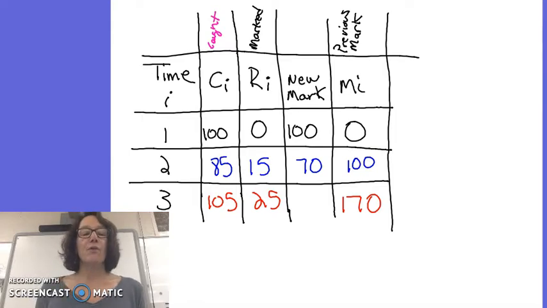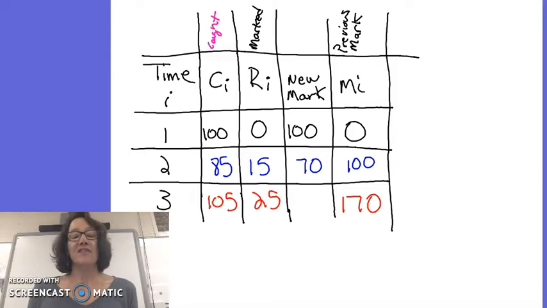In the second round, or second timestamp, or second sweep that I do, let's say that I caught 85 crickets this time. 15 of them had already been marked, so 85 minus 15 means that I would mark 70 new of those crickets, and there were 100 marked from the previous time. In the third sweep, or timestamp number 3, I was able to catch 105 crickets.